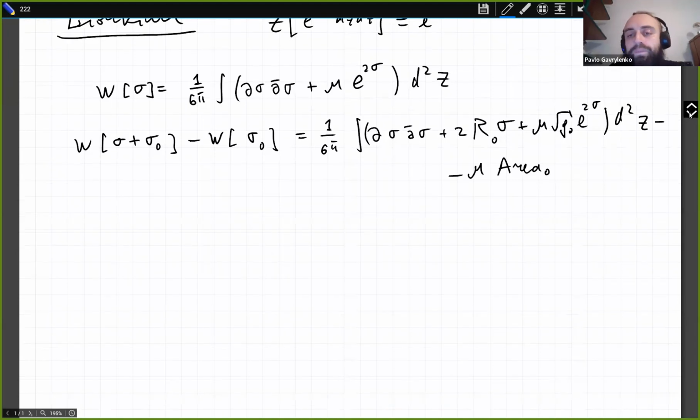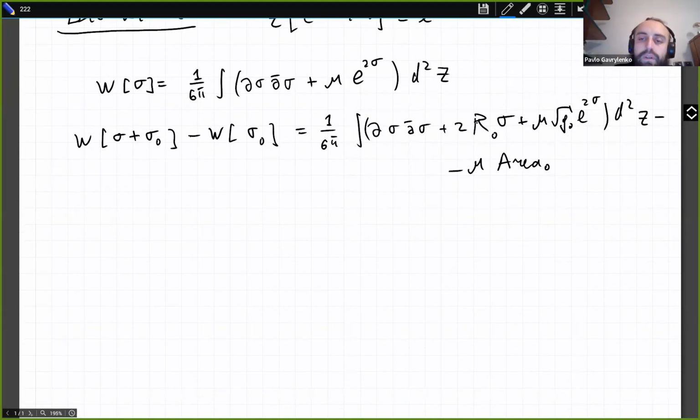If we choose a flat metric on a sphere, then this R0 gives a sigma of infinity.